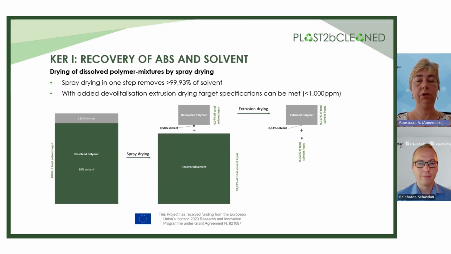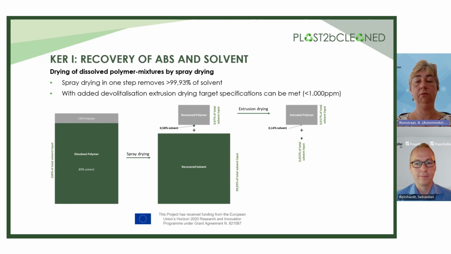Here you see a graphic representation of what you can do with spray drying. You can remove over 99.9% of the solvent. On the left, you see that it's 90% solvent with about 10% of polymer.